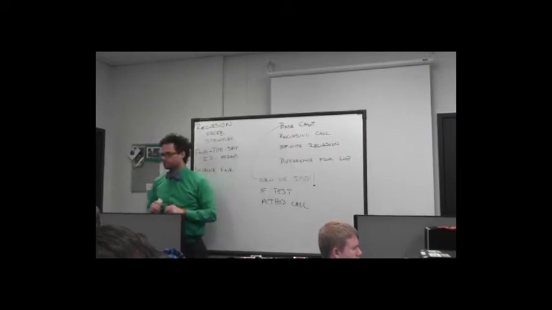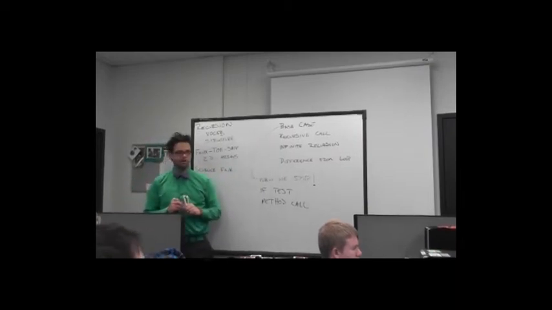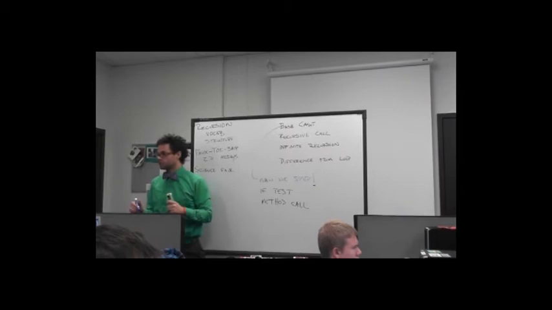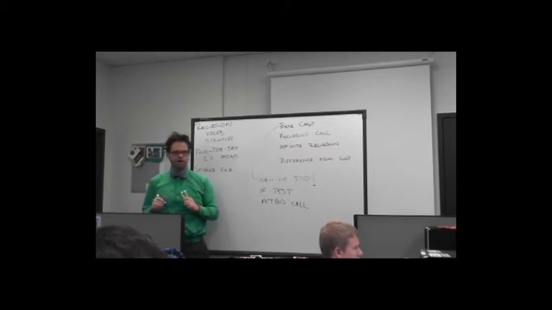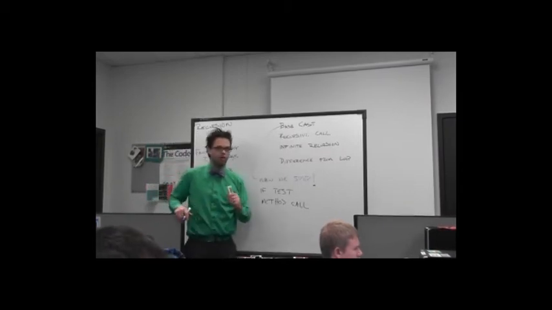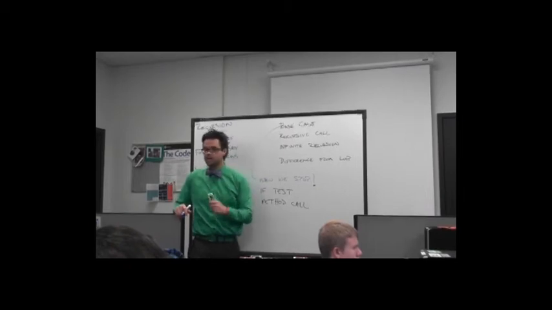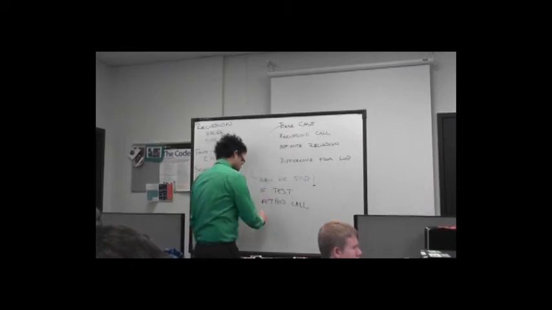The recursive call is when we call our method again. We've written methods time and time again, lots of methods. A recursive call, however, is when we call a method inside the same method. So I have a method called toast.